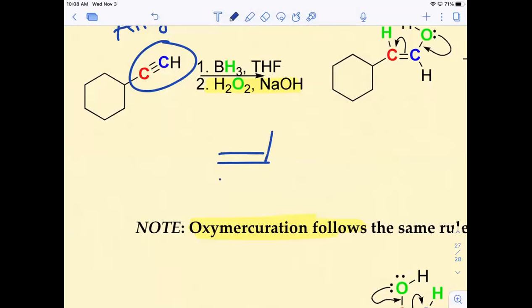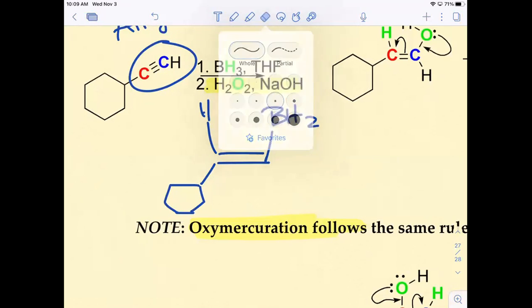So it's going to be this. Right, it's the same alkyl borane intermediate, or in this case, a vinyl borane.